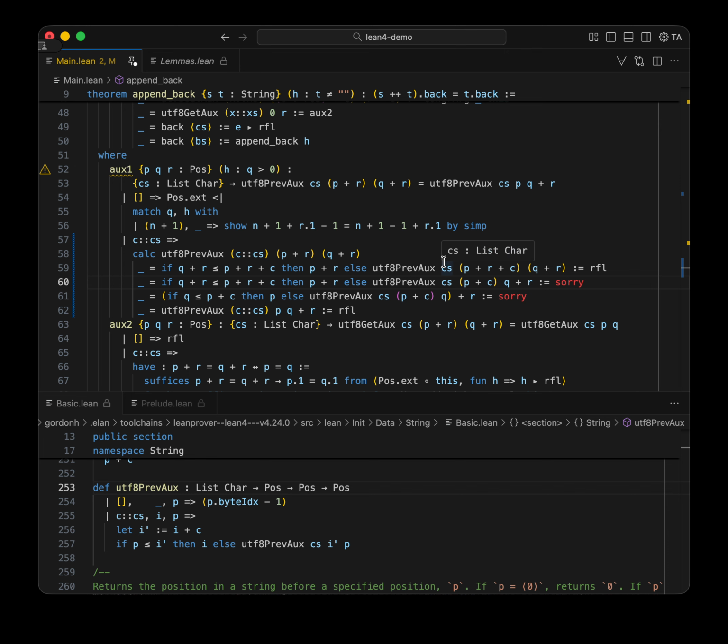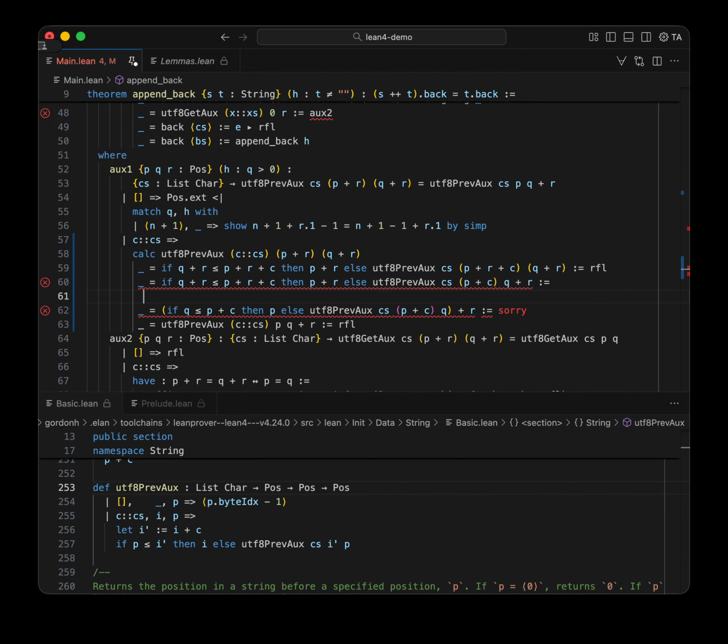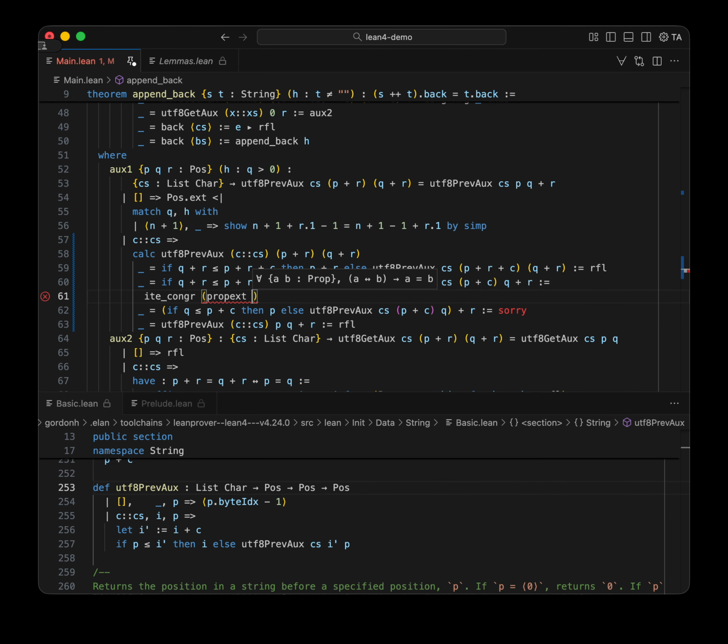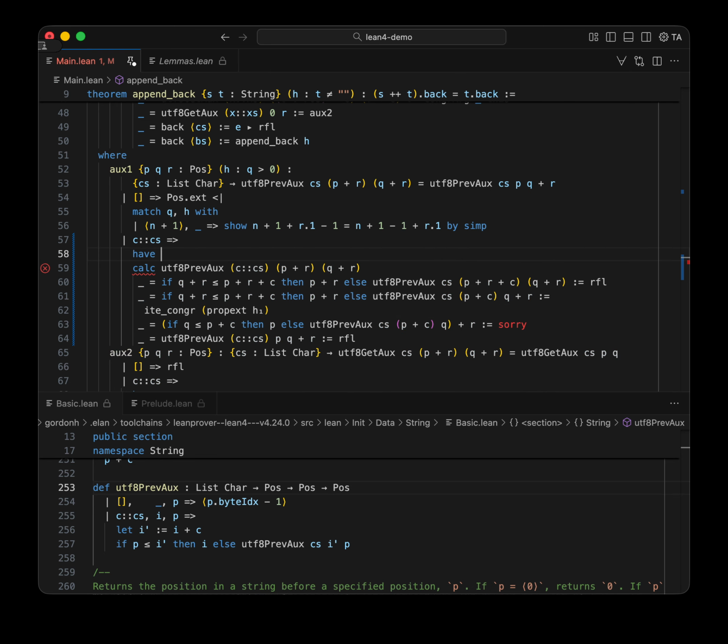So for this part, this is it. And then move plus R also out of it. Okay, let's do ITE congruent here. Same thing. We'll have to use a propositional equality extensionality for R. Okay, let's call this. No need to give it a name. Reducing to this.